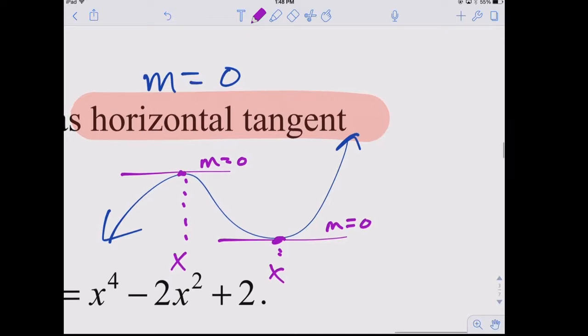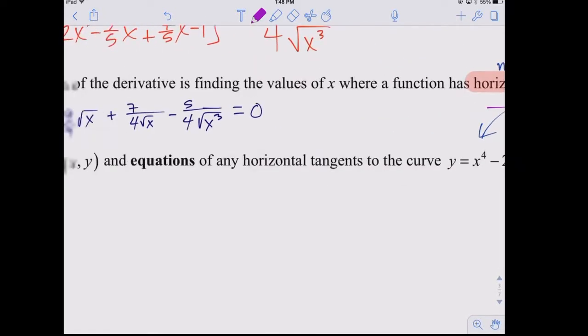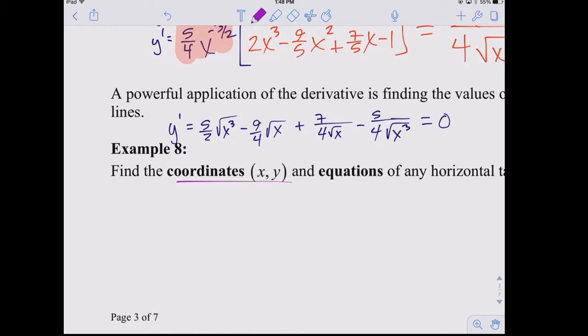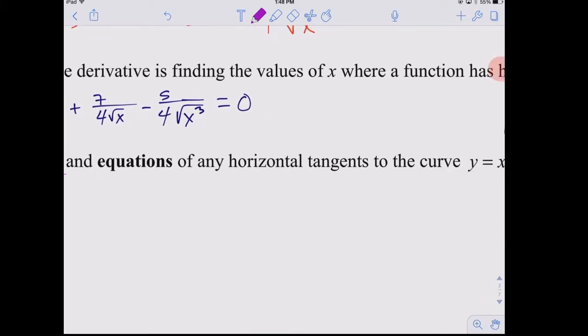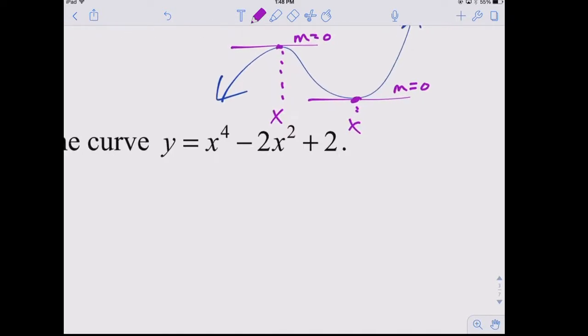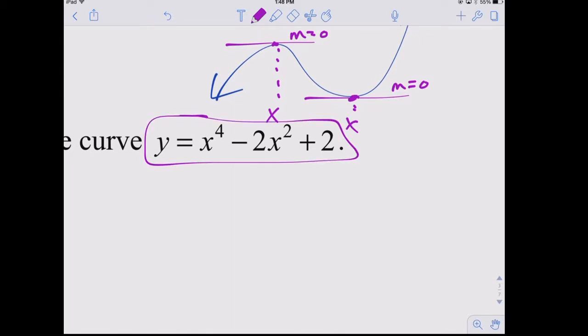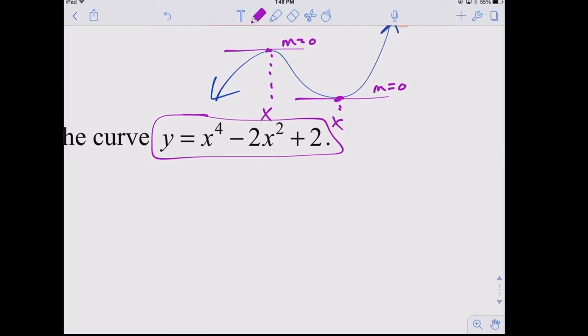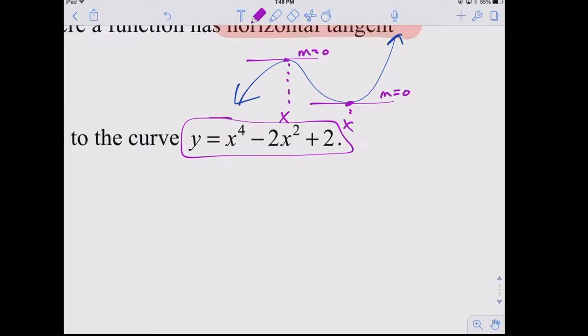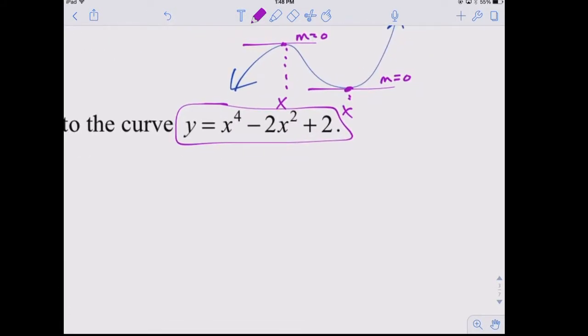Solve for x. Yeah, let's give it a try. Find the coordinates, x, y, that's the ordered pairs, and the equations of any horizontal tangents to this curve right here. All right, so what's my plan of action here? I want to find where we have horizontal tangent lines.